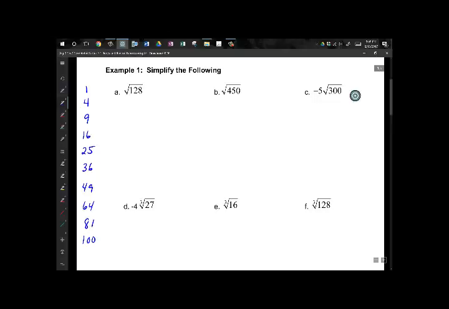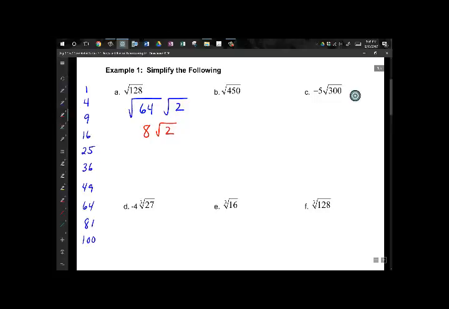So a perfect square that goes into 128, I hope you realize, is 64, and what is left over is 2.